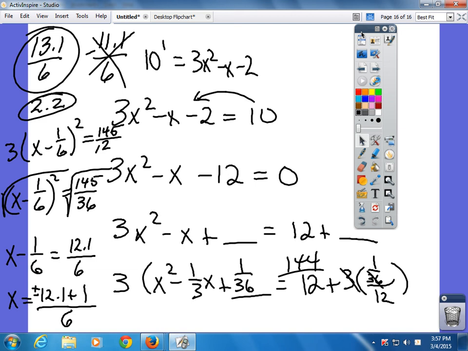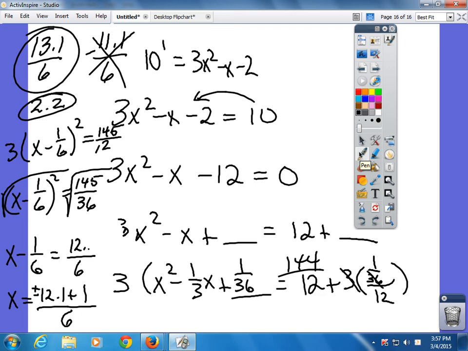What is it? 12.04159. Oh, so it's only 12. Okay. I would have thought it was 12.1. So that would be 12 plus 1 is 13 over 6.